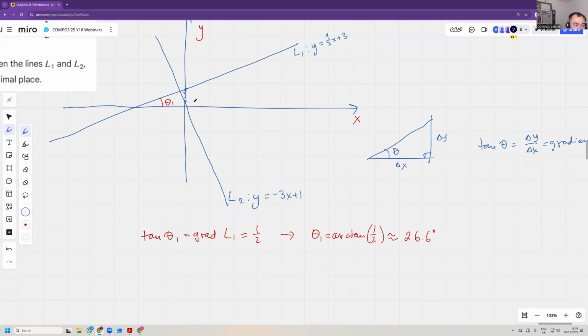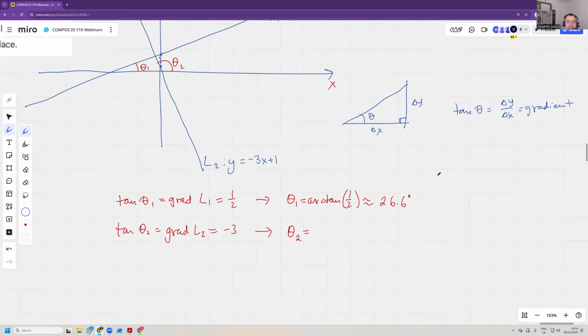Okay. So for the second angle, I know that the angle between the positive x-axis and the line is theta 2. So tangent theta 2 is the gradient of L2, which is -3. And so from here, theta 2 is, well, there's a problem with theta 2 because arctan will give me a negative value.